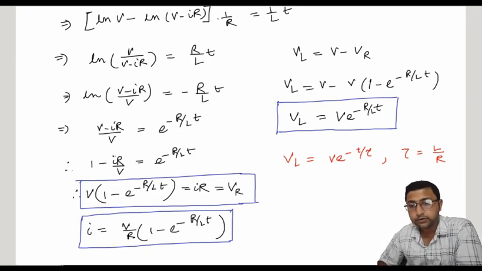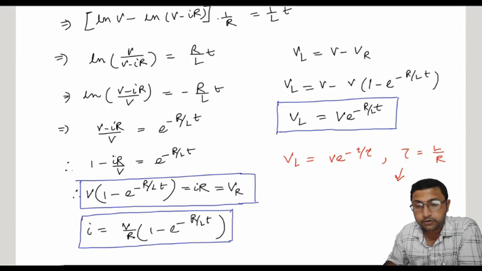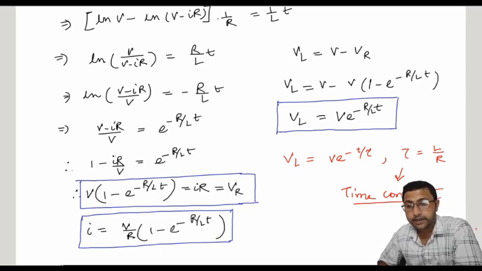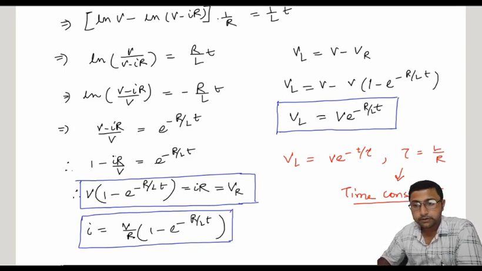Tau is known as the time constant. I will go into the details. What is the time constant? Before that, I will make a table.